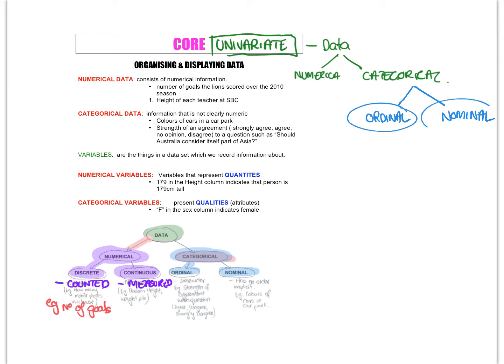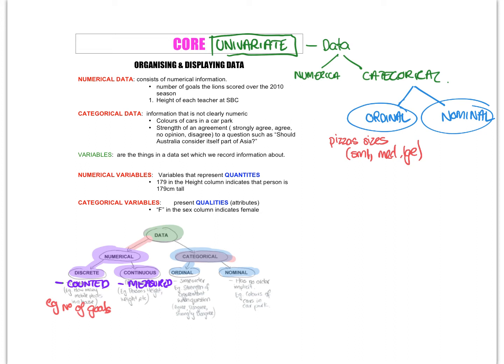Say for example you went into a pizza shop and you had the pizza sizes: small, medium, large. See how if you got a large pizza, it's bigger than the person who got a small? So there's an order there. You can tell with that.